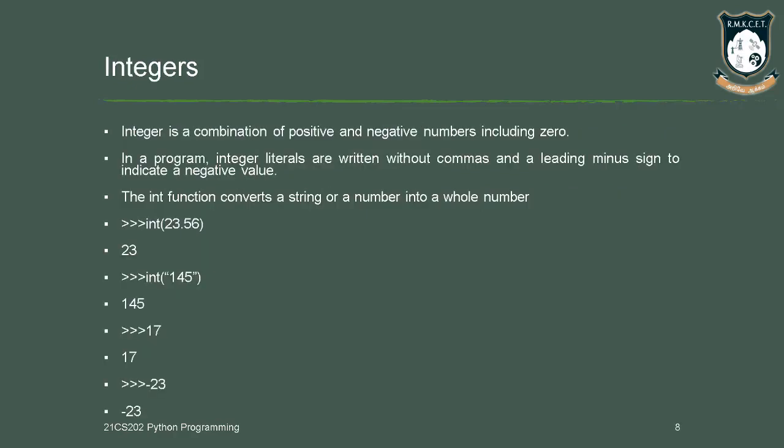So here we can see the integers. Integers are a combination of positive and negative numbers along with 0, made of digits from 0 to 9. In a program we write integer values without using any commas or any quotes.